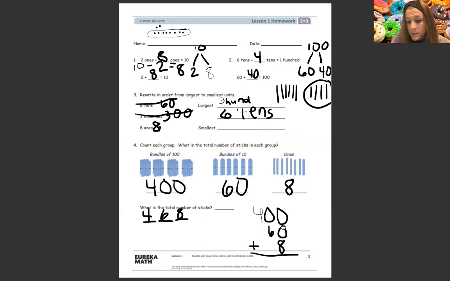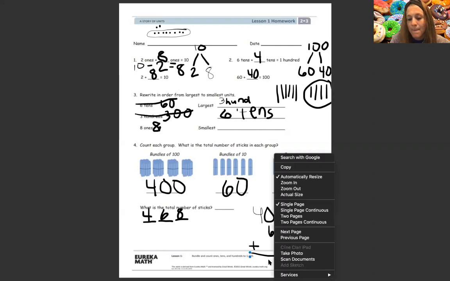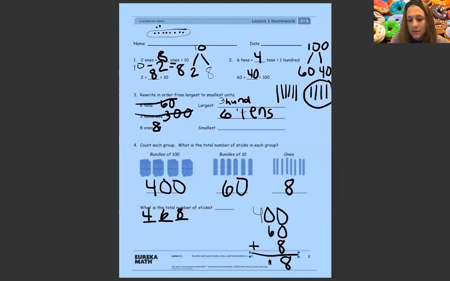Okay, now add our ones column. 0 plus 0 plus 8 is 8. Good. 0 plus 6 is 6. Good. Okay, 6. And then 4 plus nothing is 4. Look, we still got our number of 468. So that is our answer.